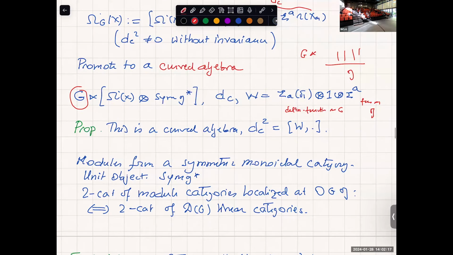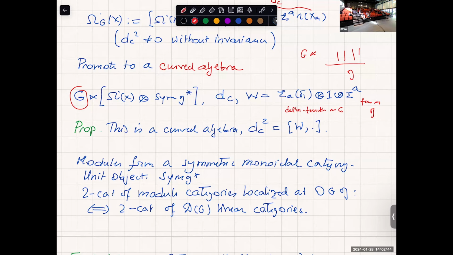The second exercise to check is not obvious, but modules over it form a symmetric monoidal category with respect to pointwise multiplication in the base, and of course the tensor product over the base because of the Hopf structure on G. And that's because even though you have a superpotential, it's bilinear. The convolution allows it to give a multiplication.